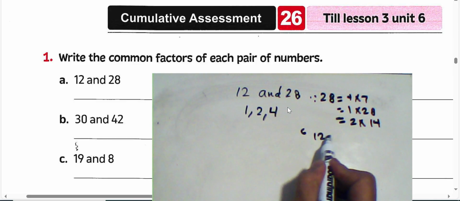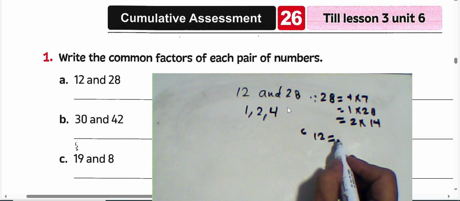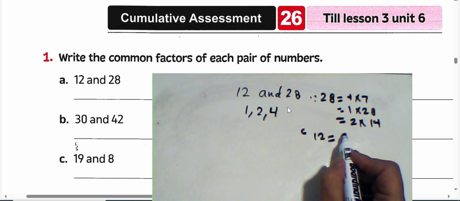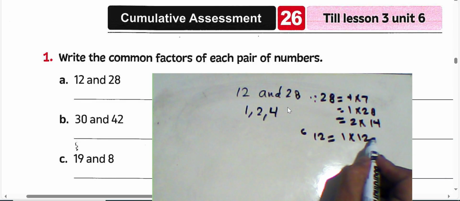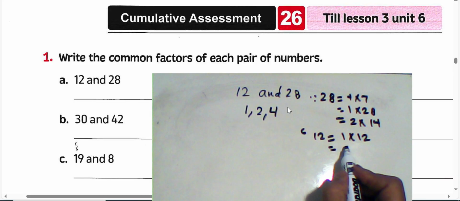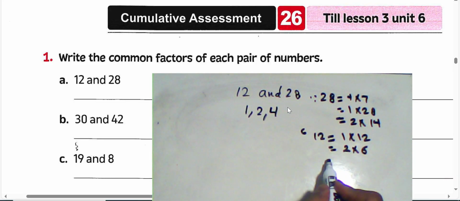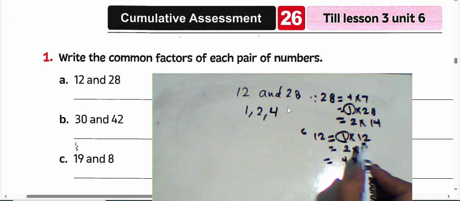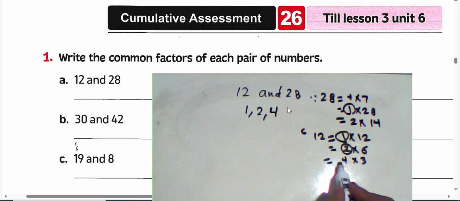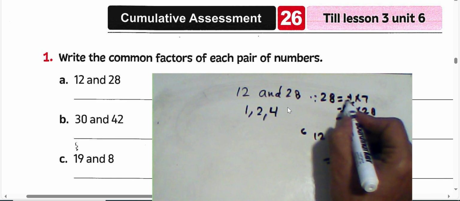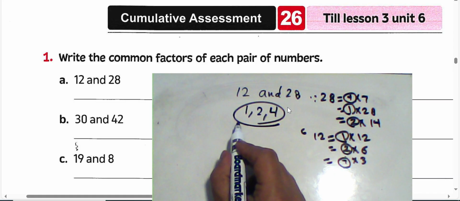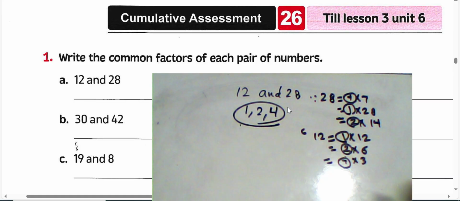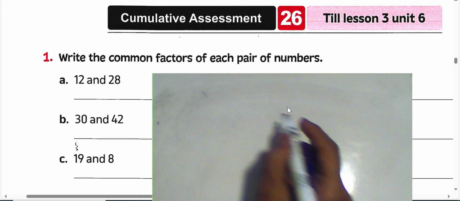And we have 12 equals 1 times 12, and also 2 times 6 and 4 times 3. This is what is common between them: 1, and we have 2, and we have also 4. Then the common factors between 12 and 28 are 1, 2, and 4.